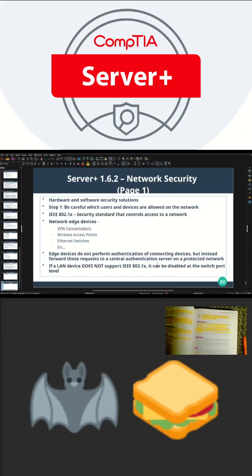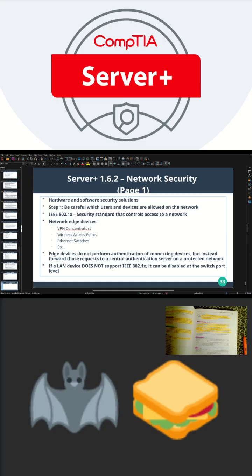For switch ports, that means we're going to block it as a frame. Because when we're talking about switch ports, we're talking about passing frames. And when we're talking about routers, we're talking about passing packets. And of course, that's where we get into IP addresses.